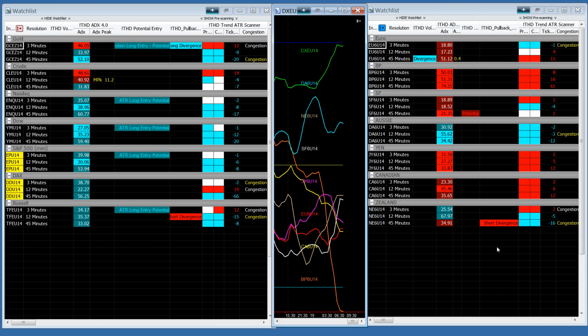Okay, what we're going to do is start with the scanner and multi-charts. The one thing that you need to realize, and this is where colors really come into play, and you'll see that in the video, the most important thing, I think, is knowing this means that the ADX line is decreasing.